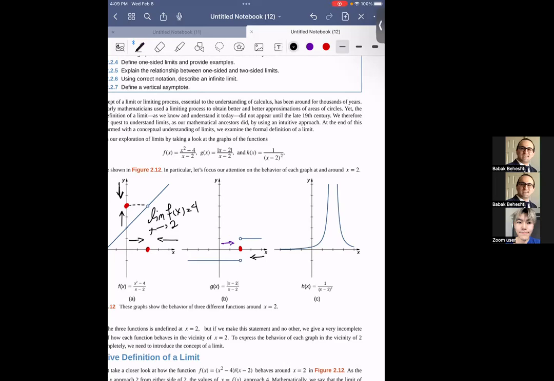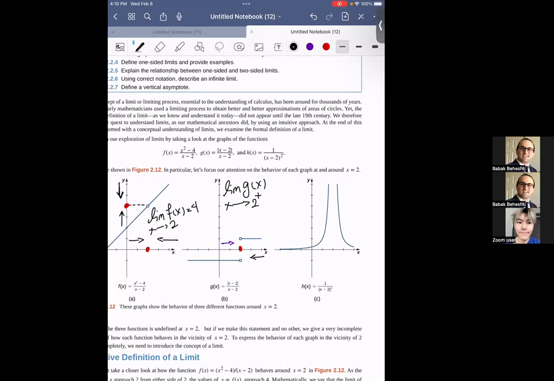So for the right limit, we write the limit of g of x as x approaches 2 from the right-hand side, and for this we use the symbol 2 plus. So 2 plus means x approaches 2 from the right-hand side, that is, x greater than 2.